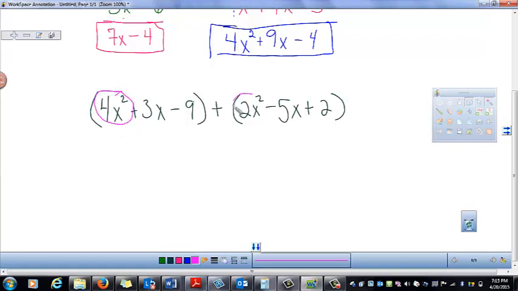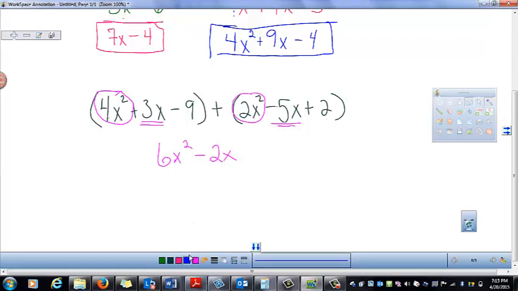That matches up to this one. So 4x squared plus 2x squared, that gives me 6x squared. Then I have 3x. That matches up to minus 5. You have to use the minus there. So 3 and a minus 5 gives me a minus 2x.